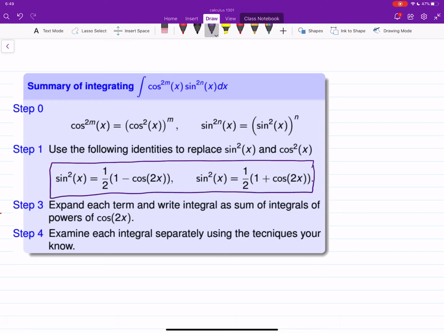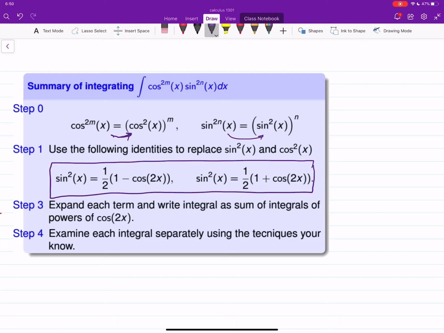But to get there, since the powers are even, you can always do this small step that will give you sine squared or cosine squared to some power, and then replace the square of sine or cosine by the formulas in the first step.